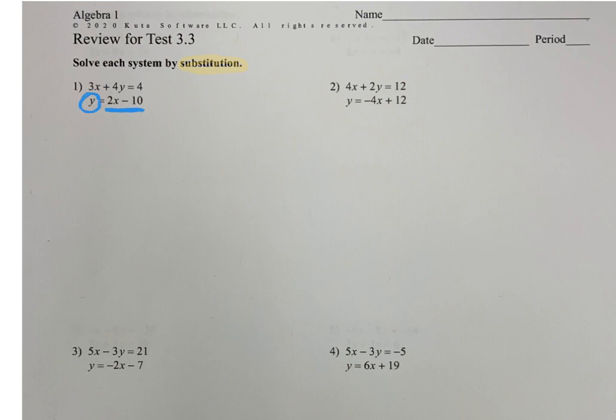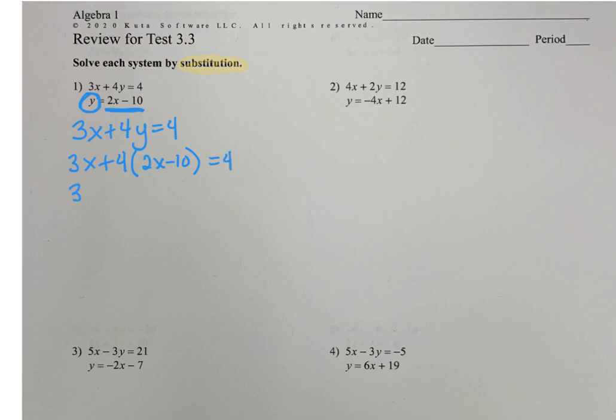So if we rewrite our first equation here with 3x plus 4y equals 4. And instead of y, we're going to substitute our equation with 2x minus 10 equals 4.